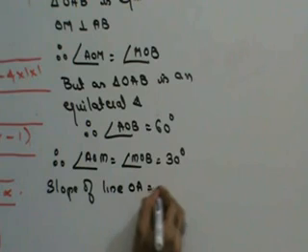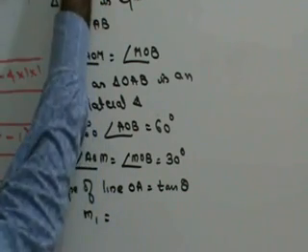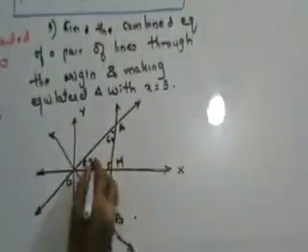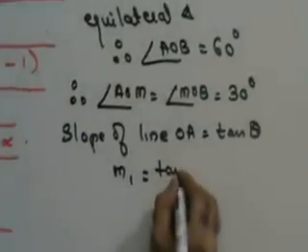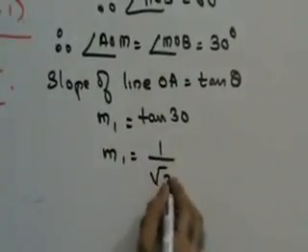Now, slope of line OA. Slope is given by the formula tan theta. Let's call this slope as M1. So M1, this particular angle is 30 degree anti-clockwise. So it will be tan 30. Tan 30 is 1 upon root 3.